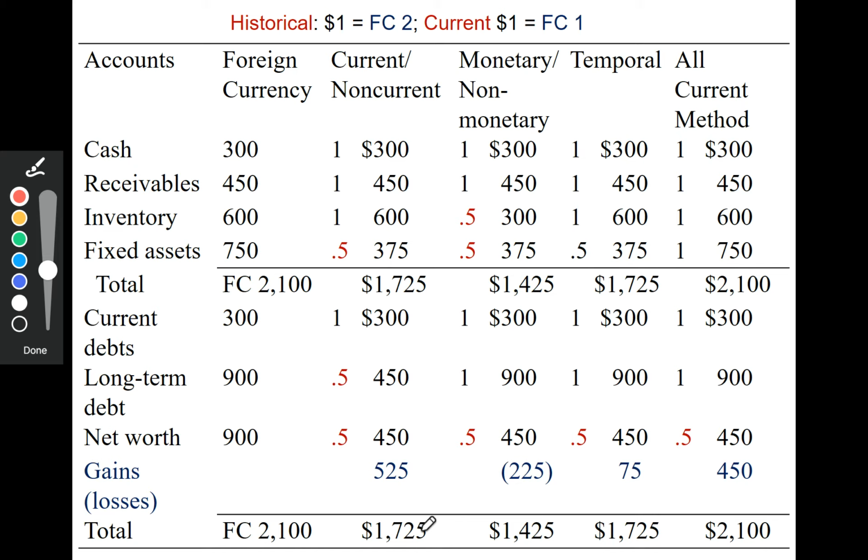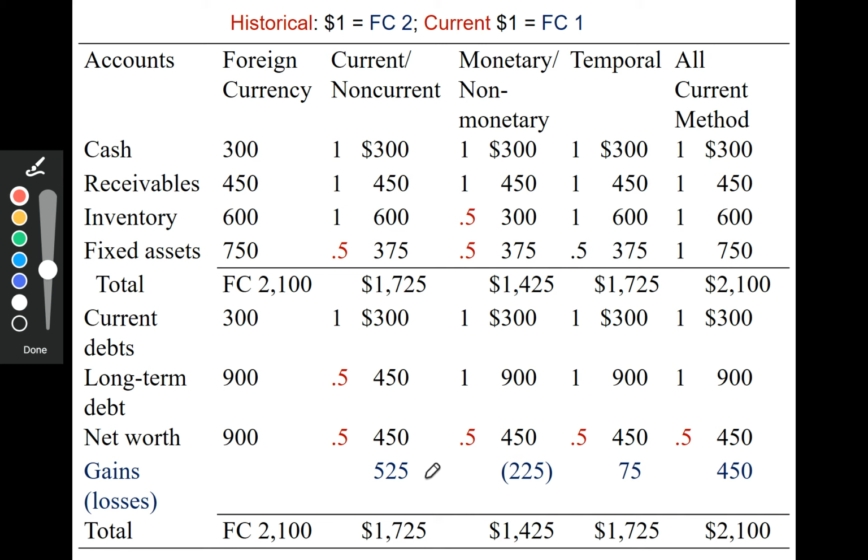So we are 525 short. 1,200 subtracted from 1,725 gives us 525. Again, it's fun to say we cheat, but we are short. We write it down as 525, and therefore it balances, because 525 plus 450 plus 450 plus 300 gives us 1,725, and the two sides of the balance sheet balance.